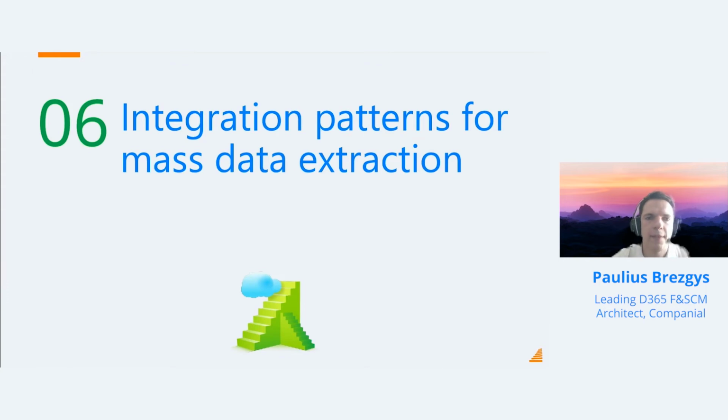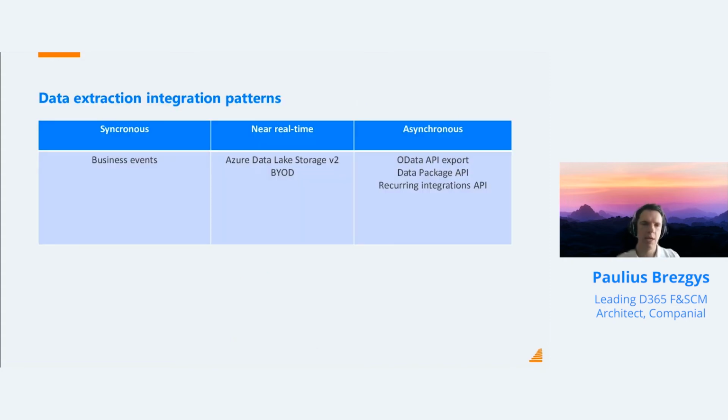So that was the comparison. Now let's have a quick look at where these two technologies actually come into place when we look at the overall picture of different integration patterns and different integration technologies that are available with Dynamics 365 Finance and Supply Chain Management. So if you want to get data out, what do you use?